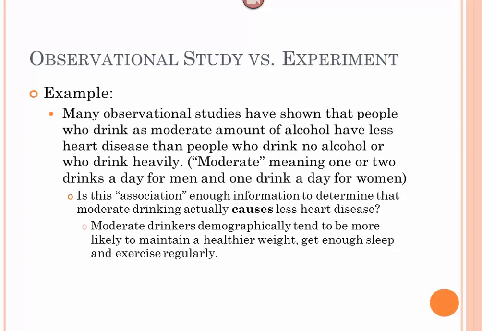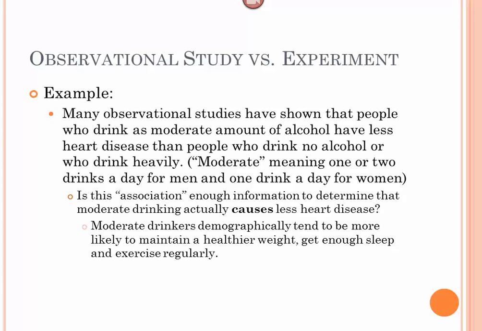But the drinking itself was not necessarily the factor that caused less heart disease. It just so happened that moderate drinkers tended to fit a certain demographic group that tended to maintain a healthier weight, that tended to get enough sleep, and tended to exercise regularly, as opposed to people who didn't drink any alcohol or people who drank really heavily.